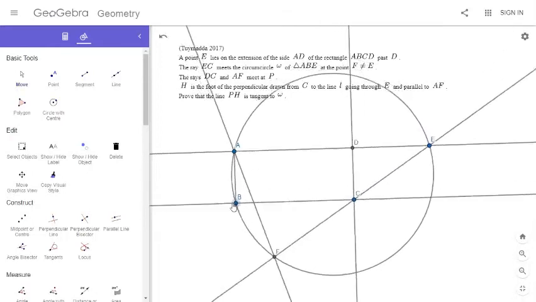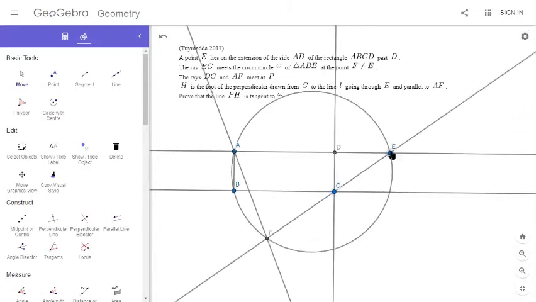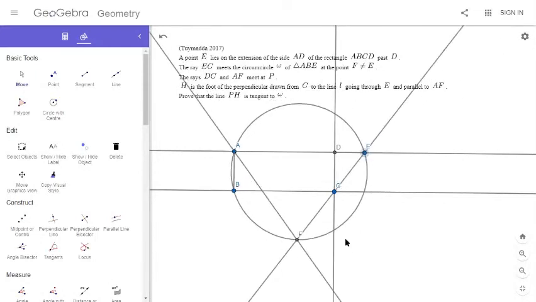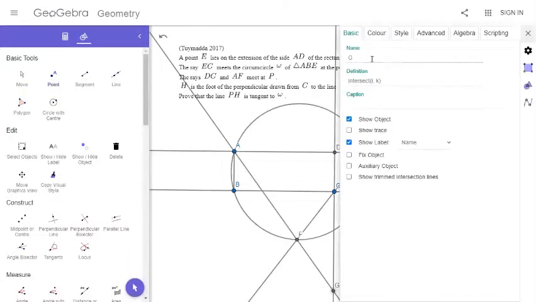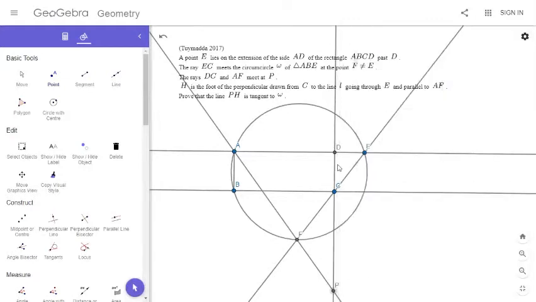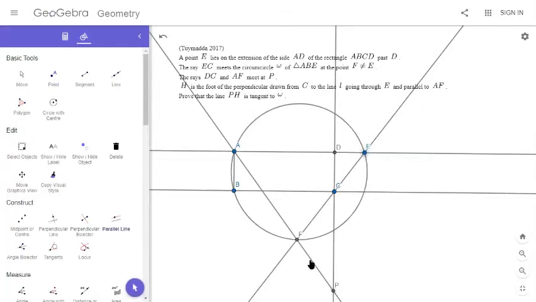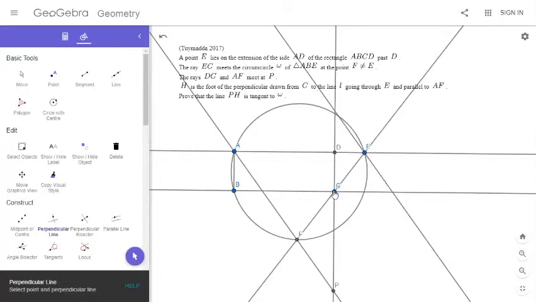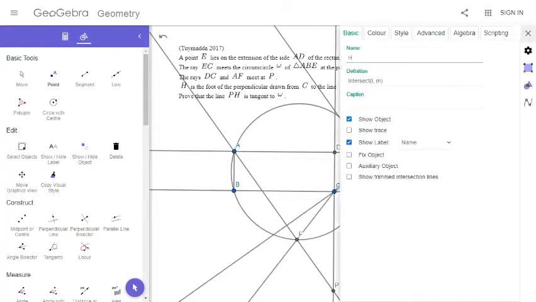Let's see if I can make this lie on the diagram better. So EC and AF, DC and AF meet at a point P. H is the foot of the perpendicular from C to the line through E and parallel to AF. And we want to show PH is tangent to the circle. Okay.